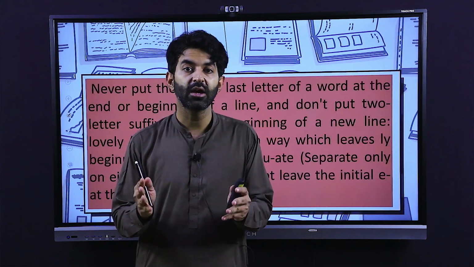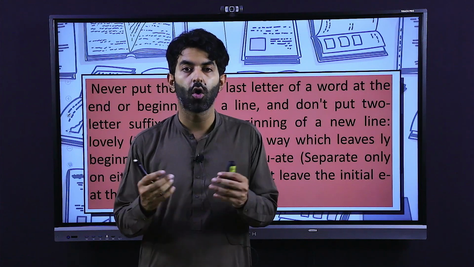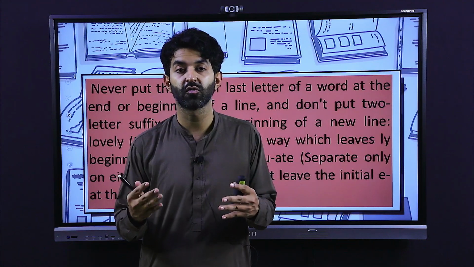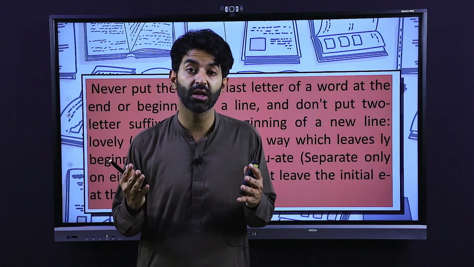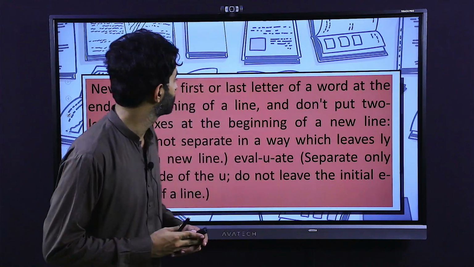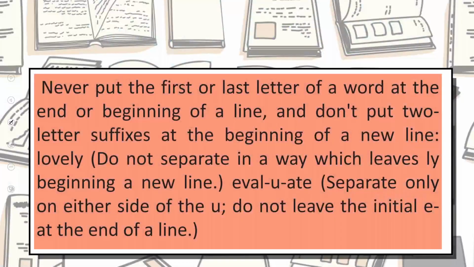So for clarity and to avoid any kind of awkward situation and confusion, we use our hyphens for the line break carefully and attentively. Now, another rule is that you never put the first or last letter of a word at the end or beginning of a line, and do not put two-letter suffixes at the beginning of a new line.